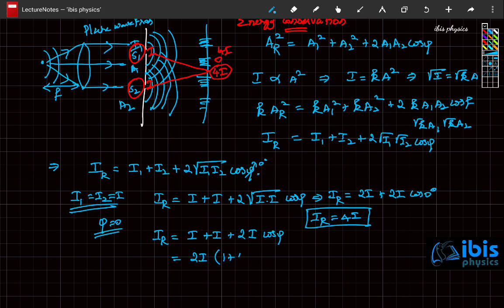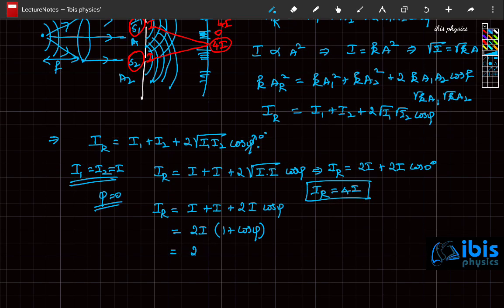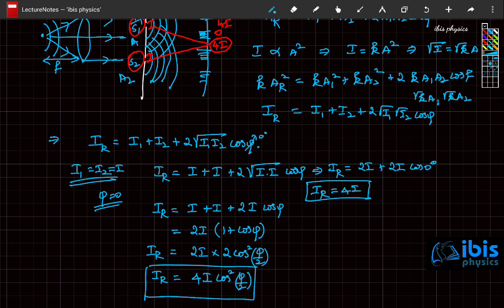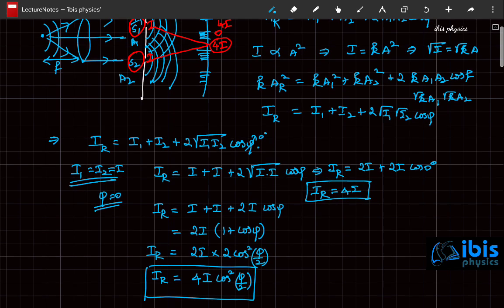Taking 2I out, it is 2I times (1 plus cos phi). And 1 plus cos phi is 2 cos square phi by 2, so I resultant equals 4I cos square phi by 2. This is the resultant intensity on the screen, because in Young's double slit experiment both the interfering intensities are the same.